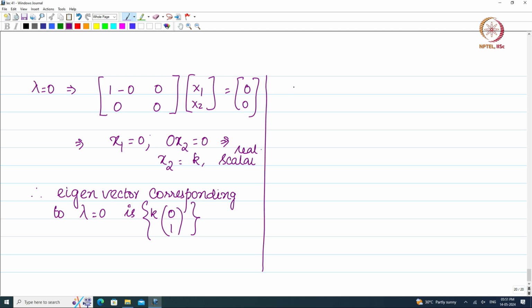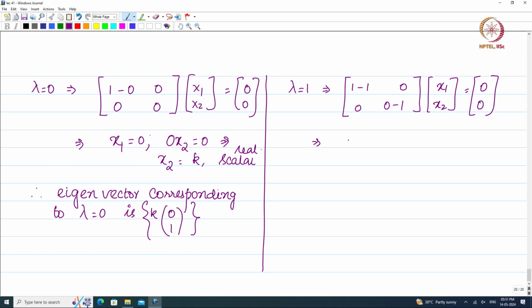Let us look at this. So, lambda is equal to 1 implies I have 1 minus 1, 0 0, 0 minus 1, x 1 x 2 is equal to 0 0.